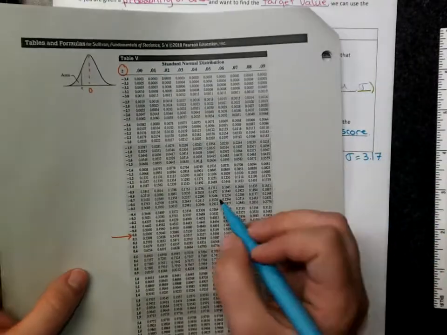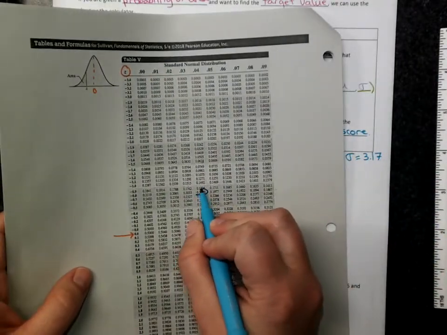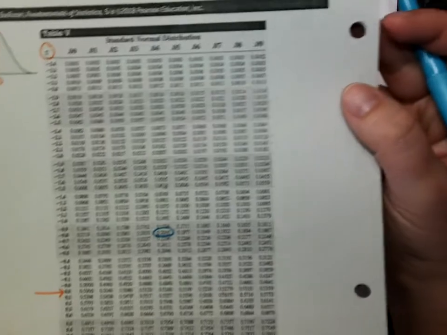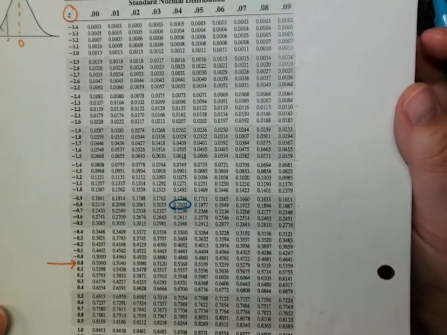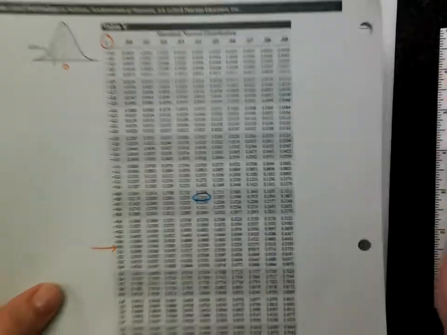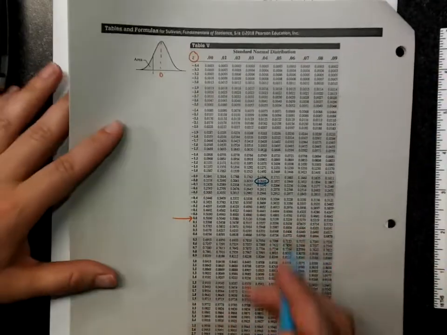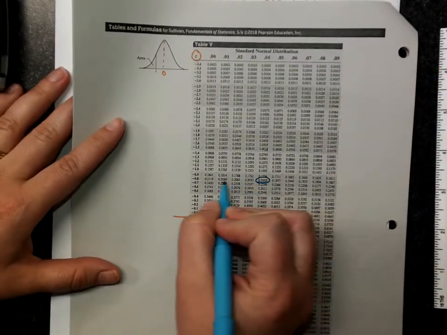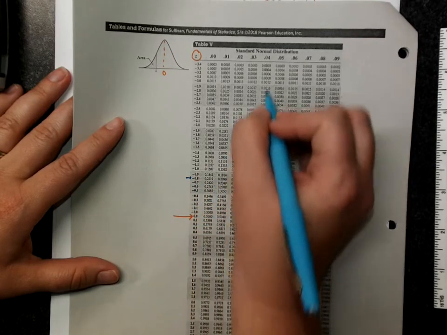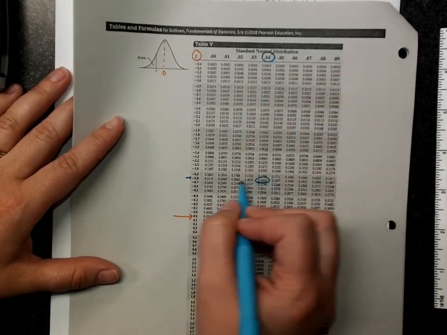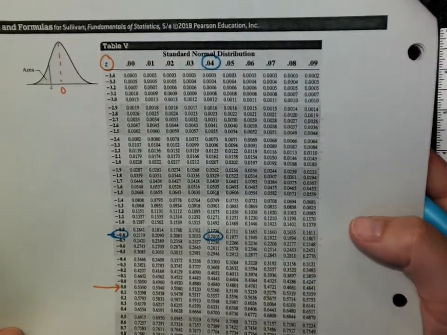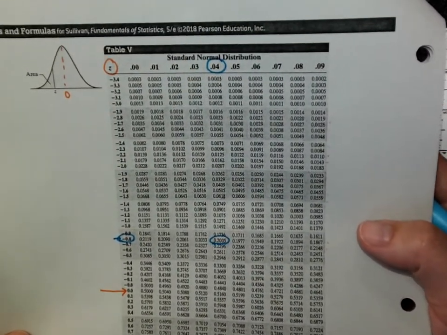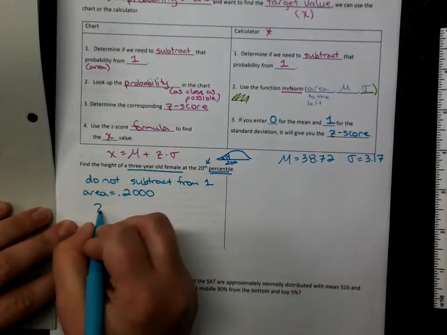And in your chart, you should be able to find 0.2005. That's the closest we can get to 0.2000. So that's a little tedious, like I said. Then you go out and up. So you get a corresponding z-score of negative 0.84. So that is our z.